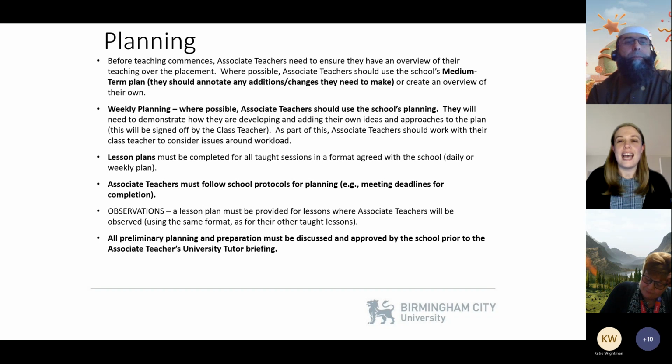Yeah, because if that's the scheme that you're using, that's the expectation within your school. If that's what they need to do, that's fine. They don't necessarily have to copy and paste it onto a BCU planning format. They can use your school planning format however you would normally plan. If there's opportunities for them to make some adaptations and add in any of their own ideas, then we'd encourage that if that's possible at all.